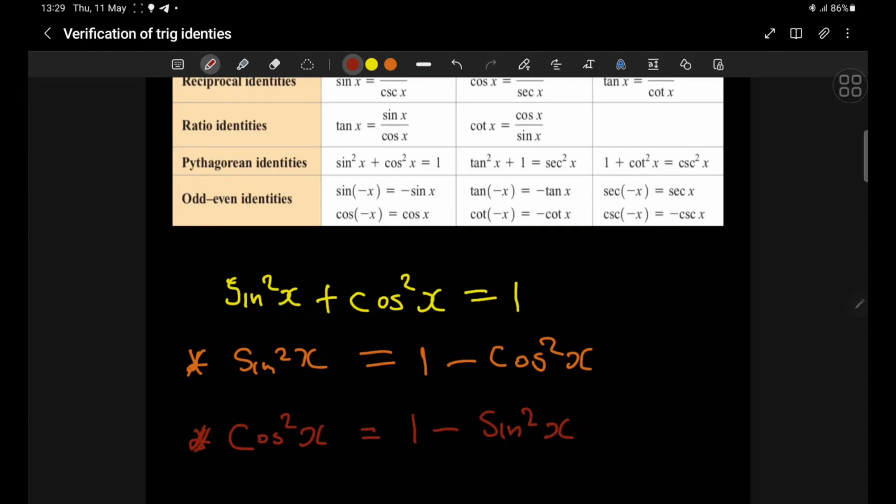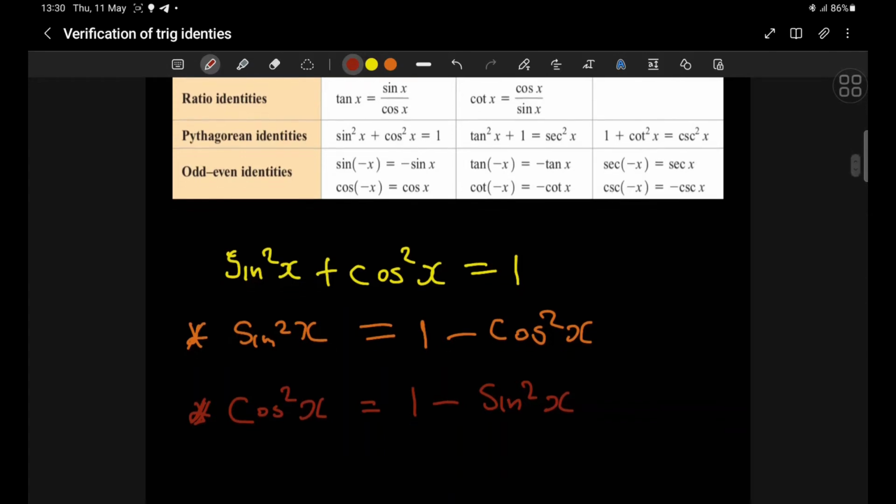You pick the side that is complicated, trying to reduce its complexity, so at least it looks like what you need. Then also keep the goal in mind. What you have on the left-hand side, try to match it to the right-hand side as you work out whichever side you've picked. If the right-hand side is more complicated than the left-hand side, as you are resolving the side that you've picked, always keep the goal in mind of what you want to achieve. Let's look at some examples and see what we're talking about.